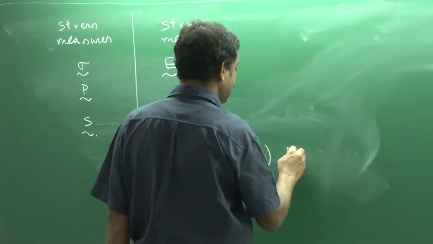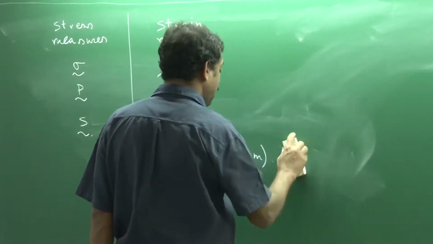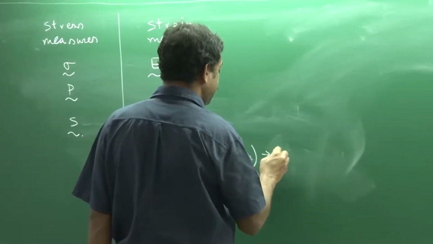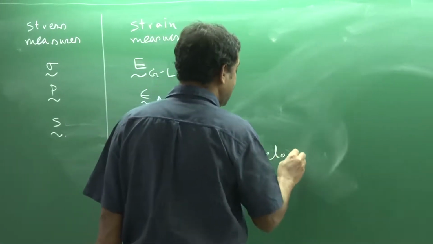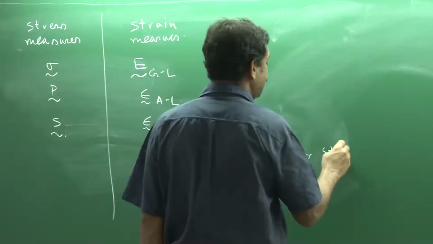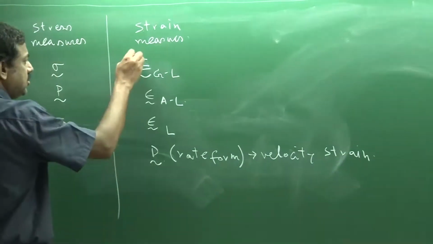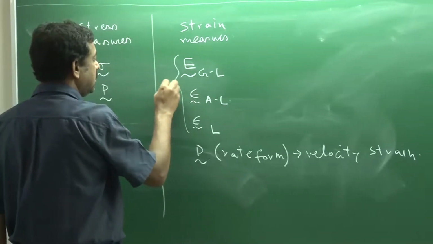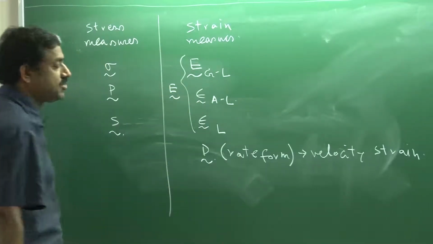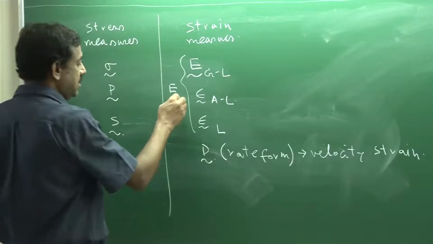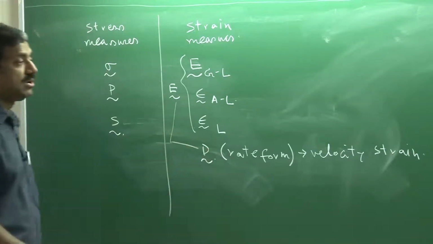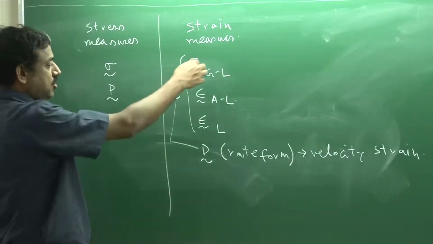Given that this is a rate form, a velocity strain, it will involve the time derivative. All these things we will not do; we will consider only the most widely used ones. Using only these two measures, continuum mechanics can be taught. These are just alternate measures.